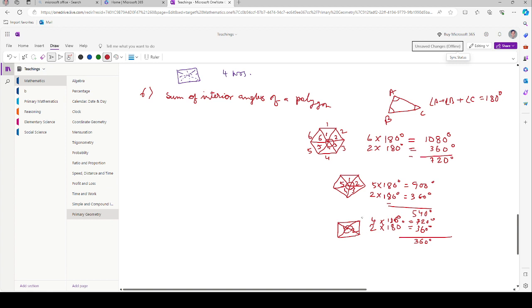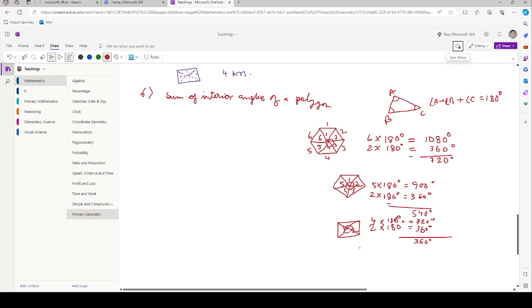So in general, see here, number of sides minus 2. Here also number of sides minus 2. Here also number of sides minus 2, into 180 degrees is the sum of the interior angles.